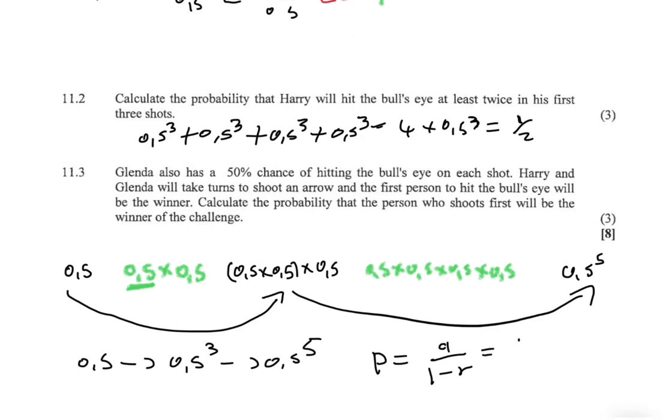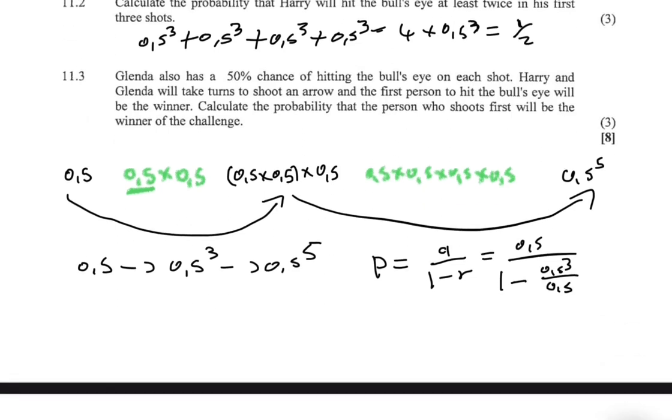So we're going to have 0.5 divided by 1 minus, taking 0.5 to the power 3 as T2, 0.5 to the power 3 divided by T1, which is 0.5. And then when you put that in your calculator, you're going to get 2 divided by 3, which is basically 0.67.